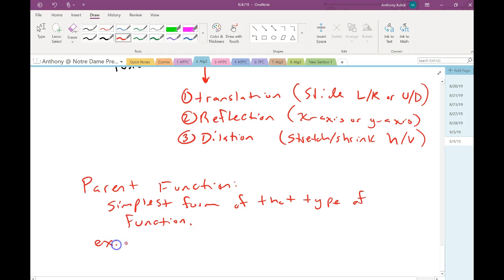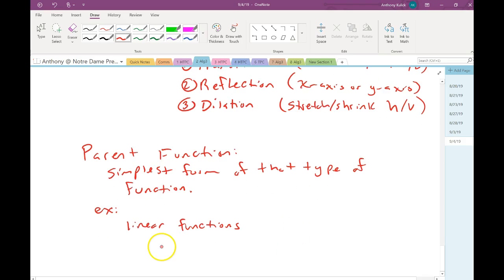So for example, you guys had talked in your previous algebra class about linear functions. The simplest form for a linear function is just the equation y equals x.